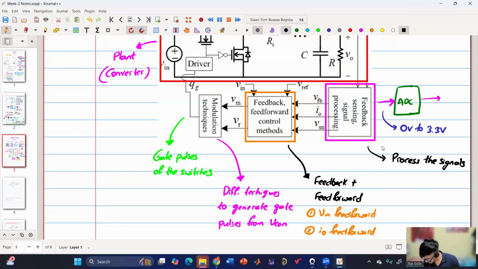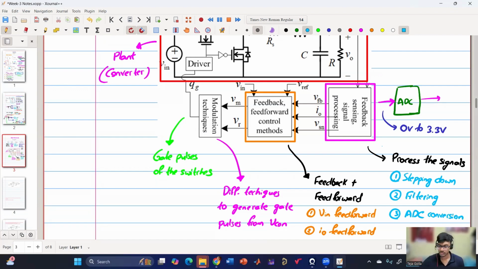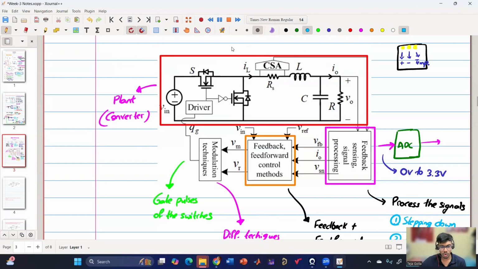So it can include many things. A few of them are, one is stepping down, another could be filtering, so that noise is filtered. The other thing is ADC conversion, so that the data can be converted into digital. So this is the overall architecture.